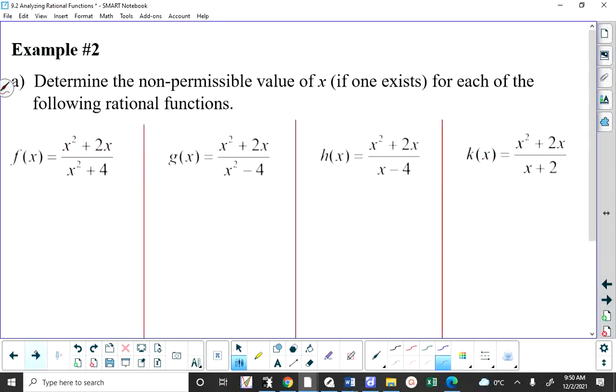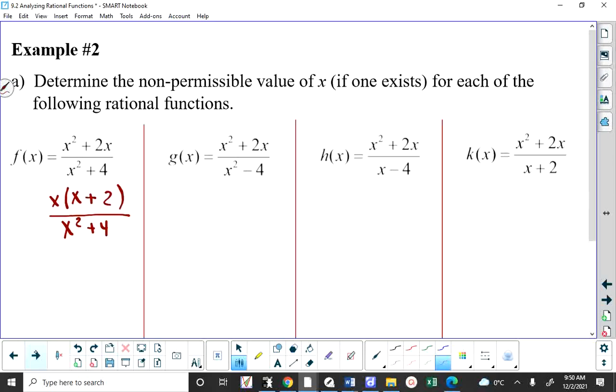Example 2, determine the non-permissible value of x if one exists for each of the following rational functions. Well, you're going to have to factor the denominator here to see if there are non-permissible values. And while we're factoring the denominator, let's factor the numerator as well. And these are all pretty basic expressions to factor.